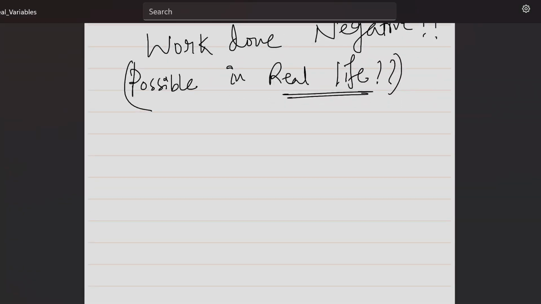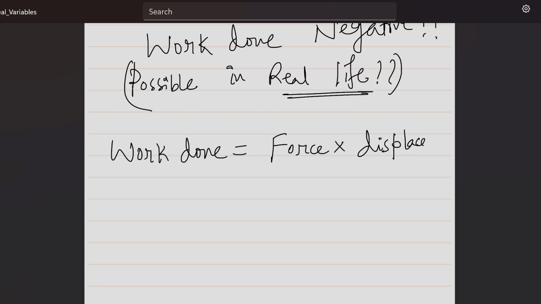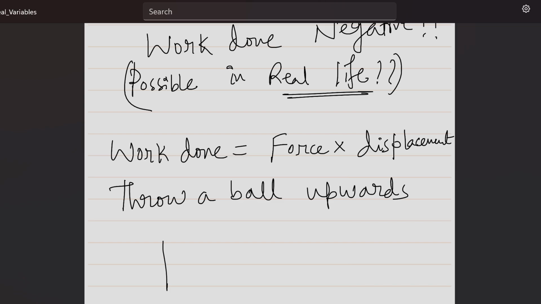So suppose work done means what? In your physics, work done means force into displacement, right? If you remember this formula, force into displacement, this is called work done. So work done negative means force and displacement are in opposite directions. That means suppose you throw a ball upwards. So what is the force?